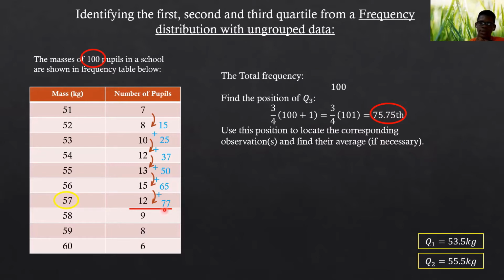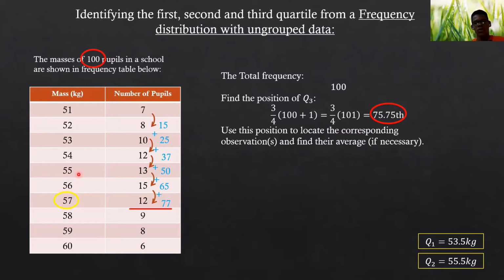we can safely say that the third quartile is located in this observation. The third quartile is 57. We can safely just stop and say this. If this was 65, then 75, you would find the average between these two.